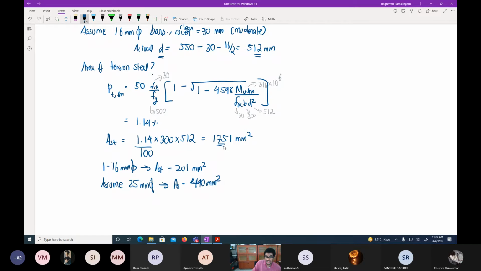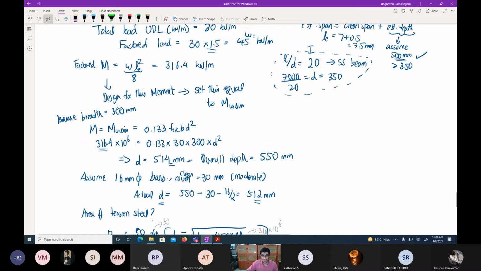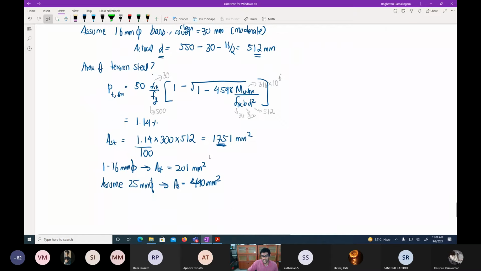See, I need 1751 mm square. If I give much more than this, what is the problem? Basically I assumed it to be a limiting section, and I found the depth and the area of steel required, 1751 mm square, based on the assumption that this is a limiting condition.